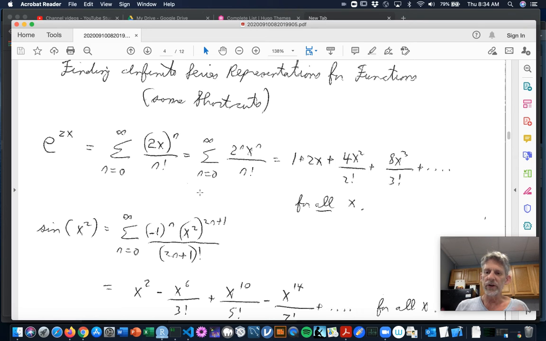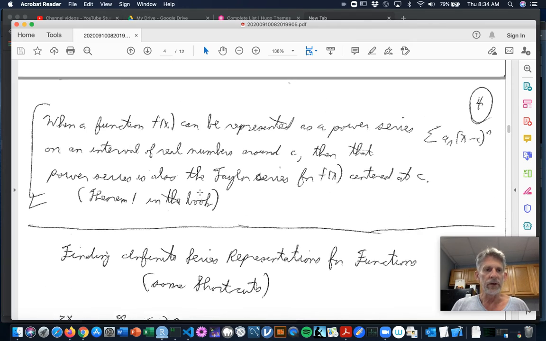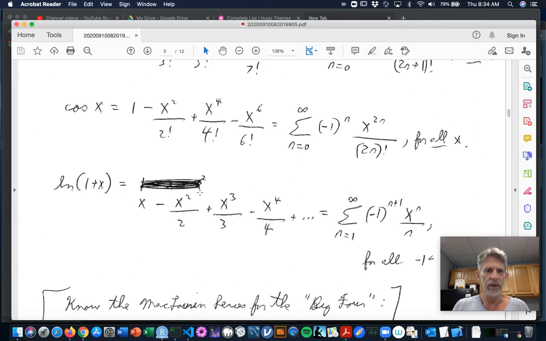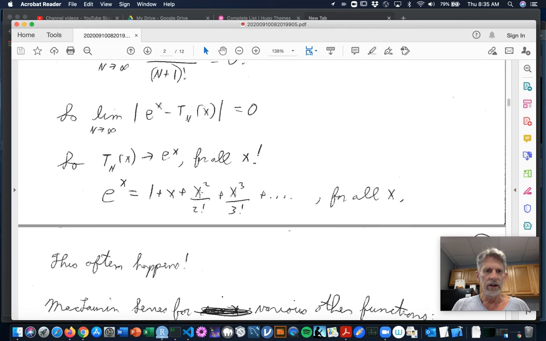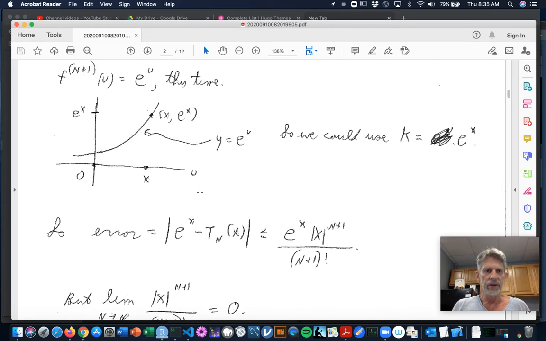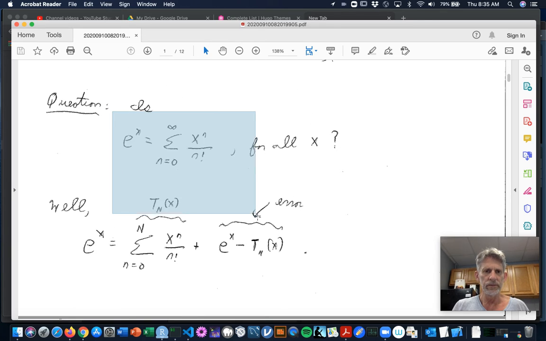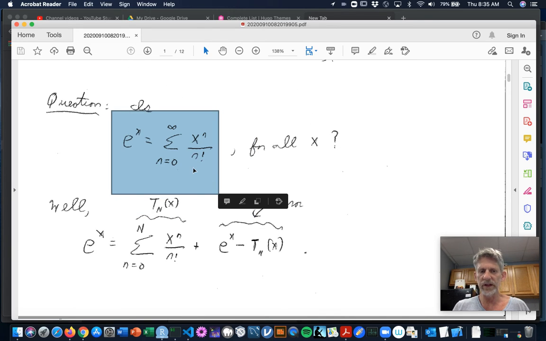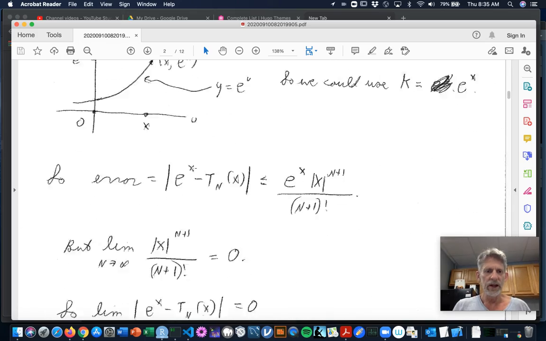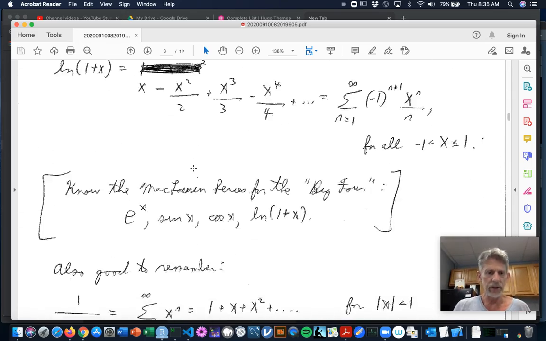You could just use the fact that you know the MacLaurin series for e to the x and just substitute into it. So e to the x is this infinite series here. That's just the MacLaurin series, x to the n over n factorial. And so you've got that in your head, okay?